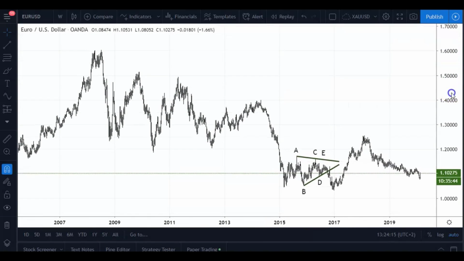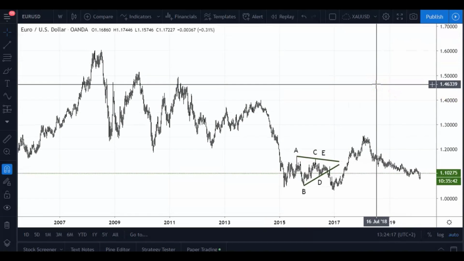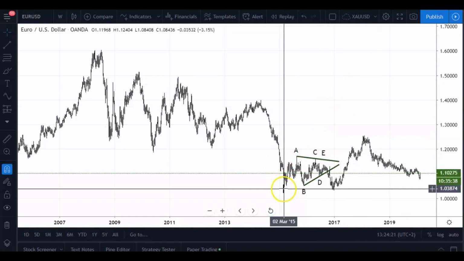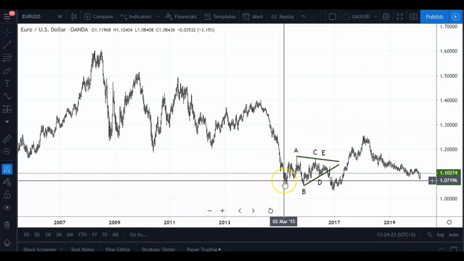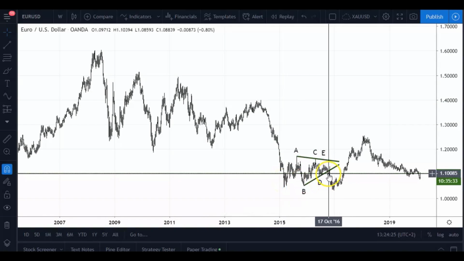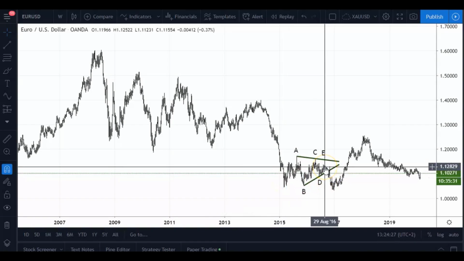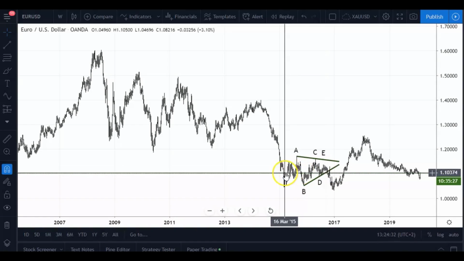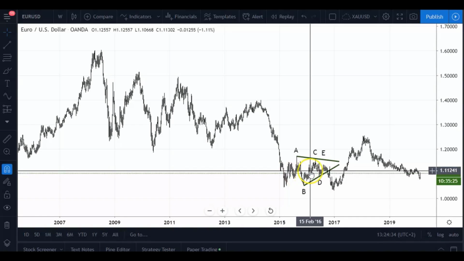You will, when you're dealing with patterns, especially triangle patterns, and the longer they take to materialize, in this case all the way from 2015 to about, when was this? Yeah, August, September in 2016, that took more than a year to materialize.